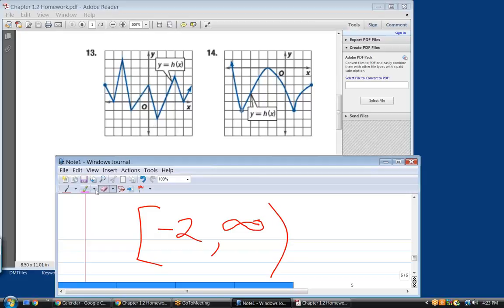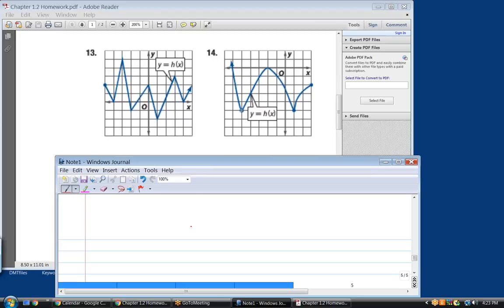Okay. Number 14. Domain. My domain will be... now this is when we kind of need interval notation here. The domain is actually in two different intervals. Notice that's an open dot. So it cannot be -5.